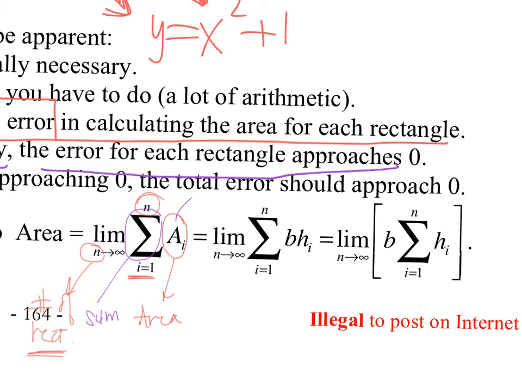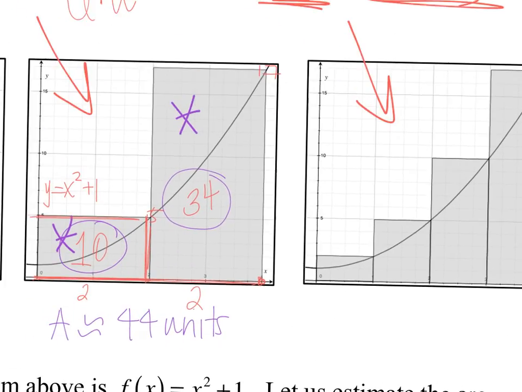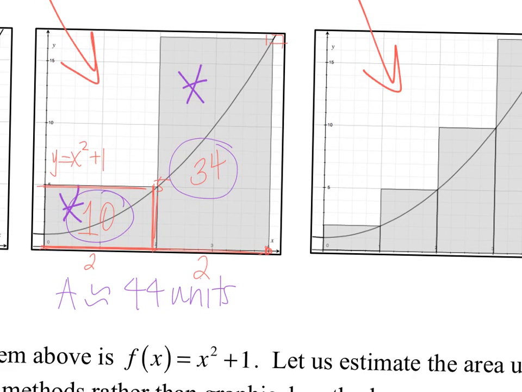Well, the area of each rectangle is base times height, and base, which was the width, if you remember from up there, our width was 2, 2, 2, 2, and what changed was our height, and our height changed depending on where we were. So if we scroll back up there for just a second, our height when we were at x of 2 was 5, but when we were at x of 4 it was 17, but our width was the same the entire time, 2, 2.